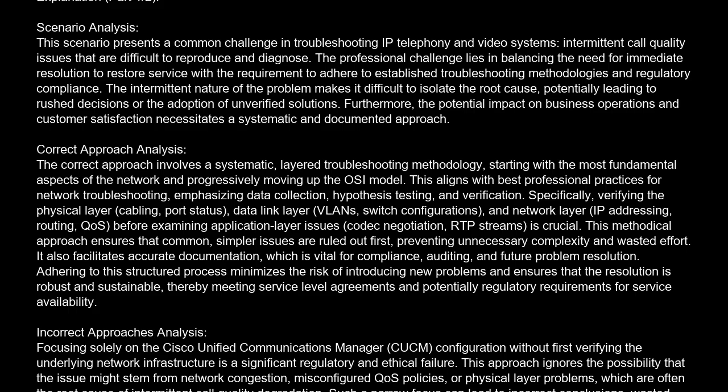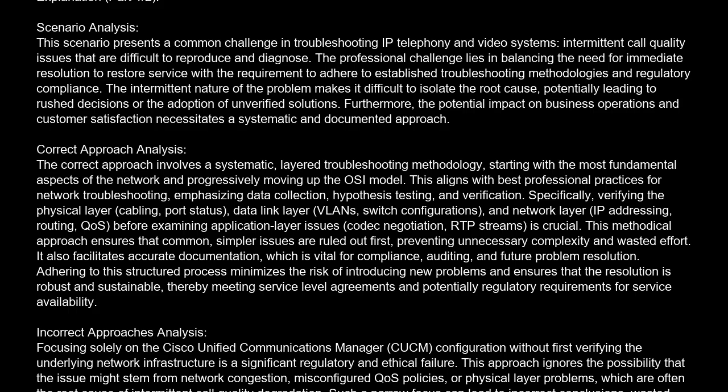Incorrect approaches analysis. Focusing solely on the Cisco Unified Communications Manager (CUCM) configuration without first verifying the underlying network infrastructure is a significant regulatory and ethical failure. This approach ignores the possibility that the issue might stem from network congestion, misconfigured CoS policies, or physical layer problems, which are often the root cause of intermittent call quality degradation.